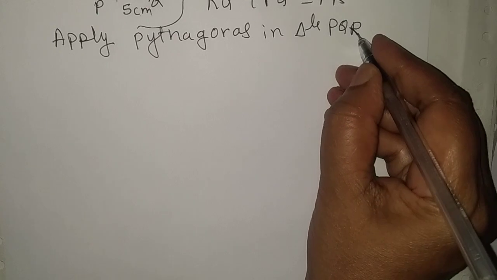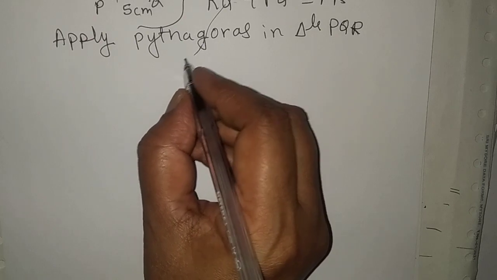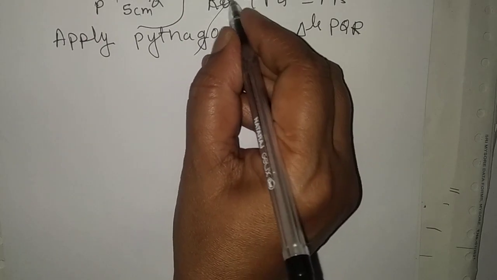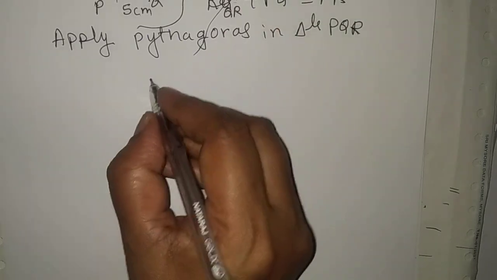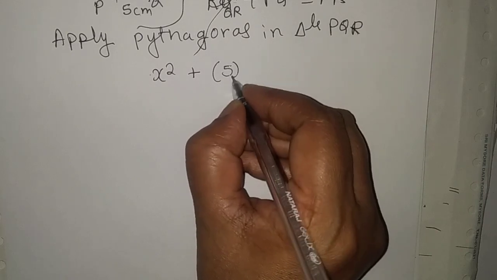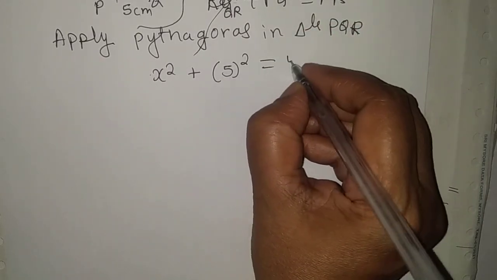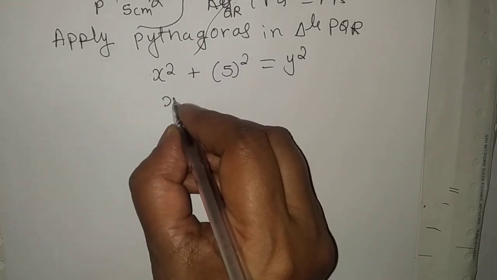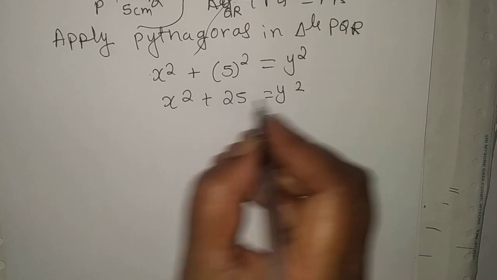So we finished writing this. Now substitute the values. RQ is QR, and I'll write QR square. Substitute: this is x square plus PQ is 5 square, then PR is equal to y square. Therefore we get x square plus 25 is equal to y square.